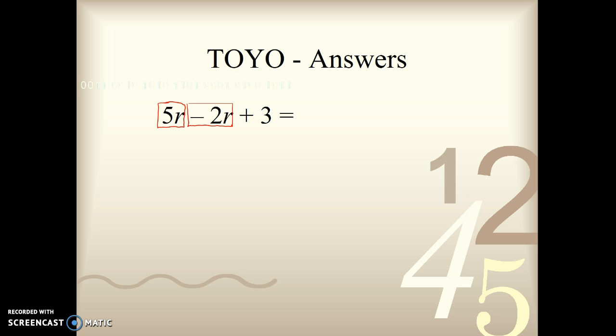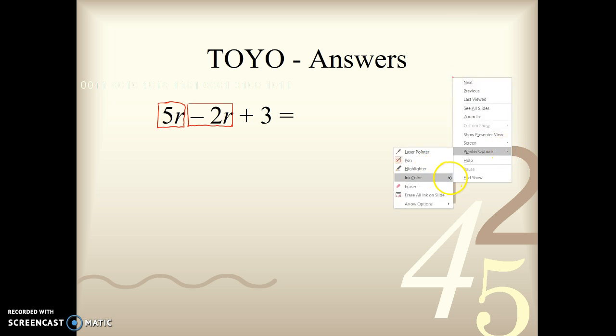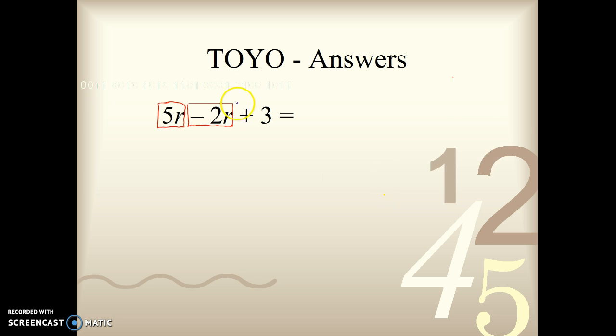And then the terms that are not alike, we're going to box in another color. So I have to actually change my pen color here really quick. So that would look like this. You guys are going to do this with your colored pencils.